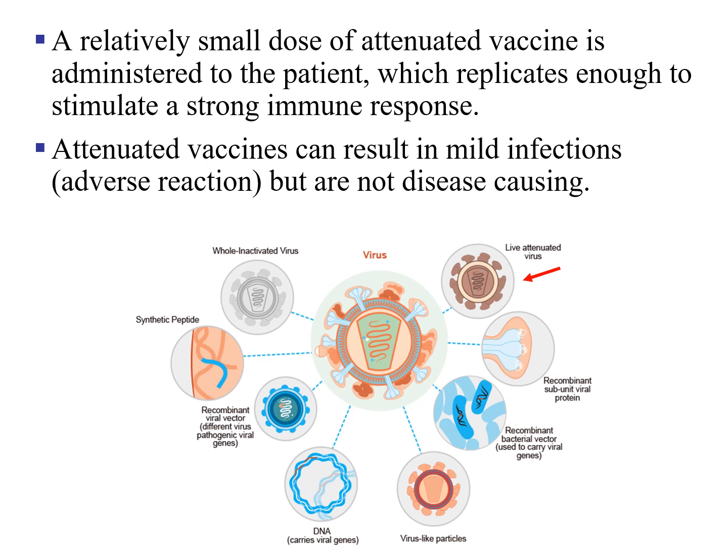A relatively small dose of attenuated vaccine is administered to the patient, which replicates enough to stimulate a strong immune response. Attenuated vaccines can result in mild infections, but are not disease causing. We remove the triangle from that organism, so now it cannot stick. But when we introduce it into the patient, the body mounts an immune response to that bacteria, but the bacteria is harmless.